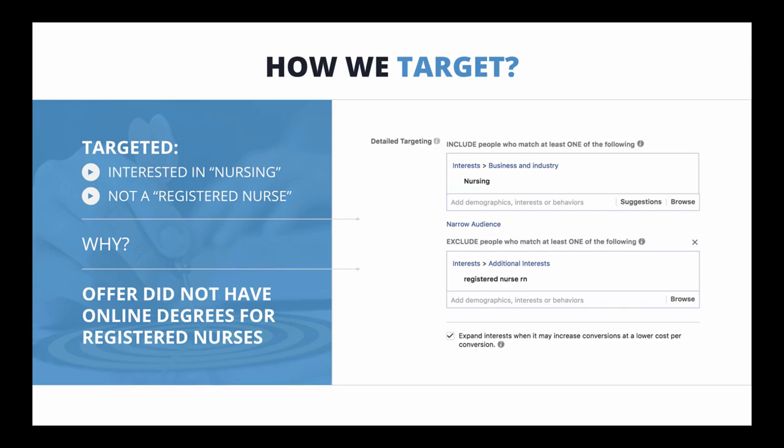So the idea behind this was to target people that were interested in becoming a nurse, but exclude people that were already nurses. And also the offer didn't work for people that were already registered nurses.